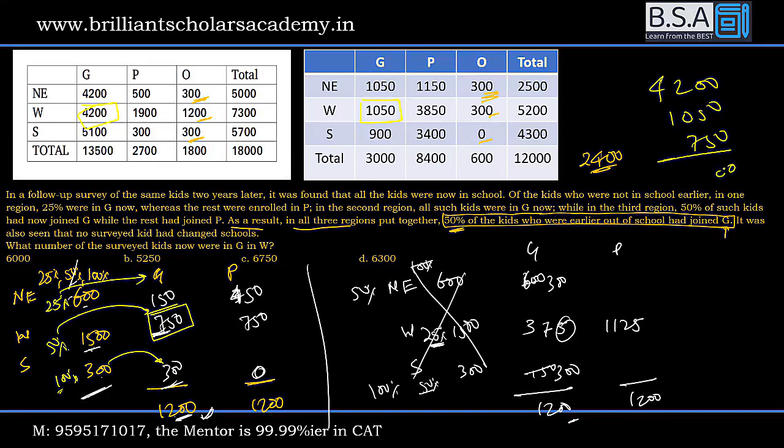So this is 6000. 6000 kids now are in government schools in west zone. Look at that table, look at the distribution. There are 750 people additionally being added to government schools. पहले कितने थे? 1050 और 4200 पहले ही थे in government schools. So we are adding to that 750.